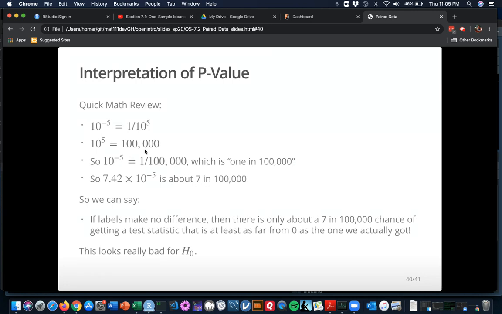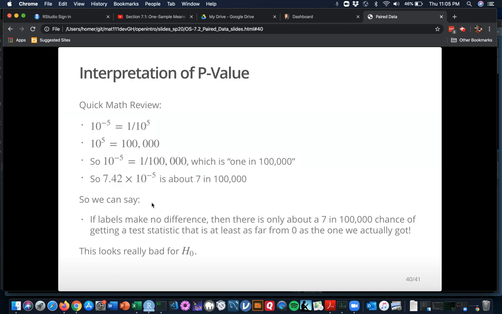Just as a reminder of that scientific notation, 10 to the minus 5 is 1 over 10 to the 5, which is 100,000. And so 7.42 times 10 to the minus 5 is about 7 out of 100,000.